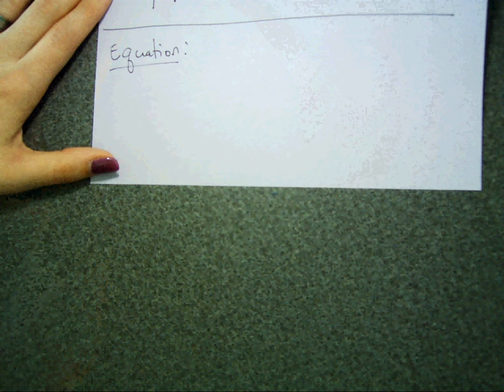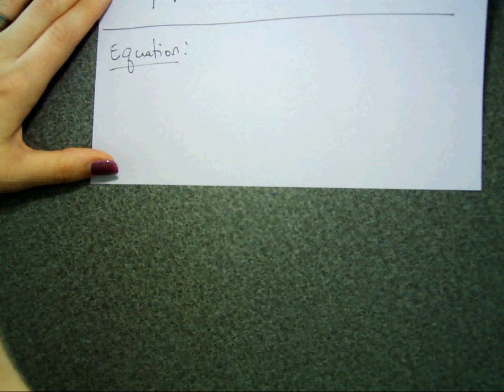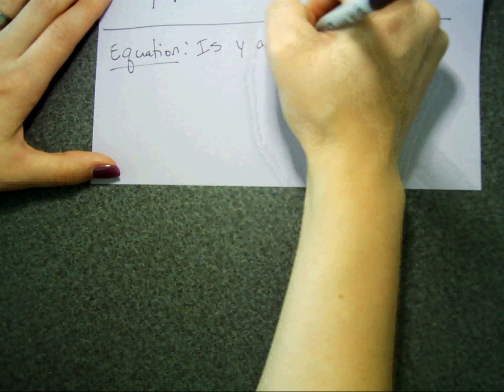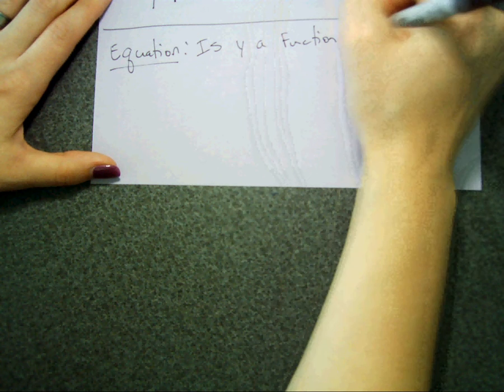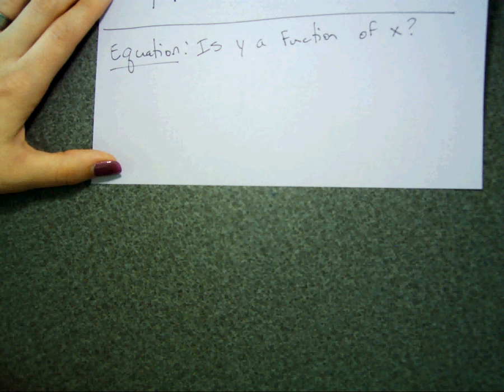So is y a function of x? If y is a function of x, then if I plug in an x value, I should only get one single y value back out, right? There should only be one possible y value.